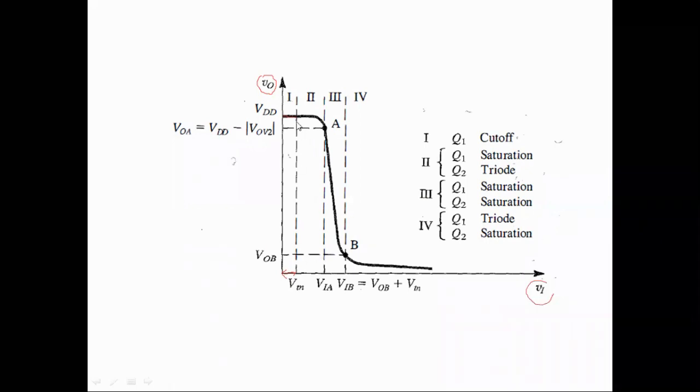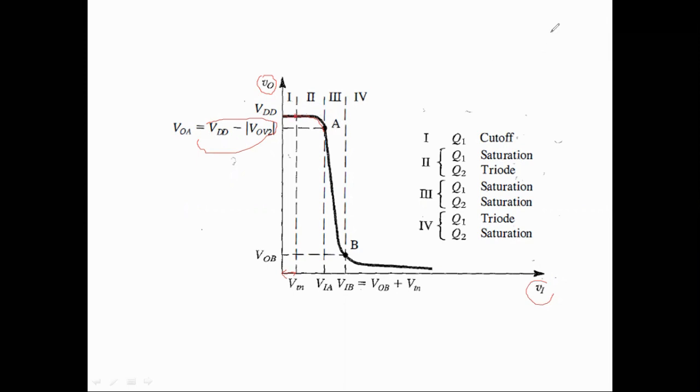Now once VI becomes VTN, the output voltage slightly starts decreasing and moves to the point A, where the output voltage is VDD minus V overdrive 2. This is the second segment. In the second segment, Q1 is in saturation and Q2 is in triode region, between the start and this point.